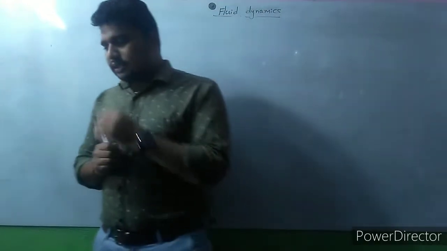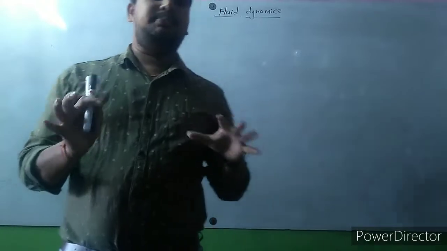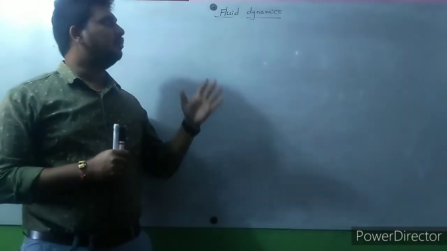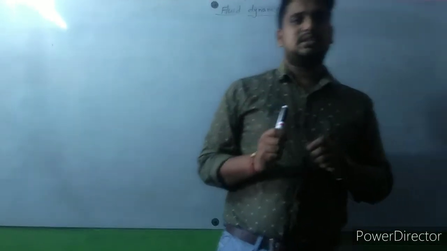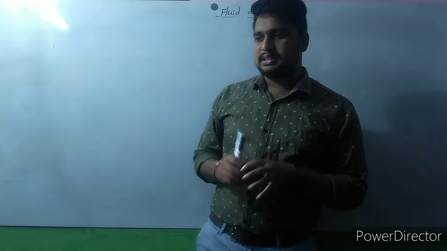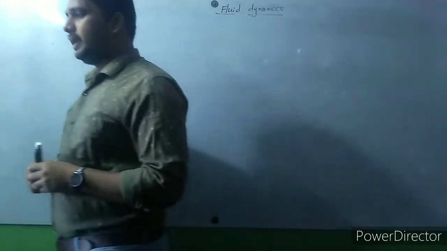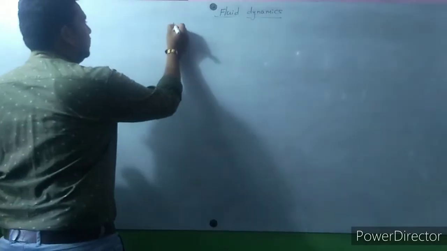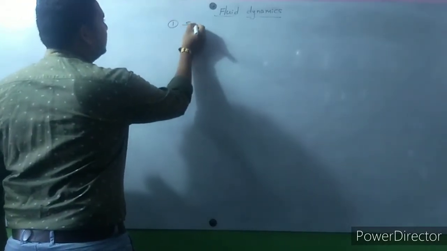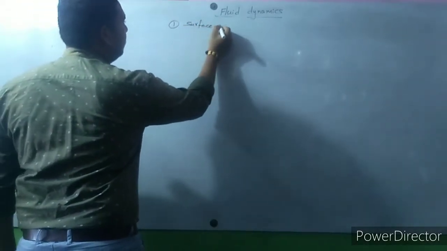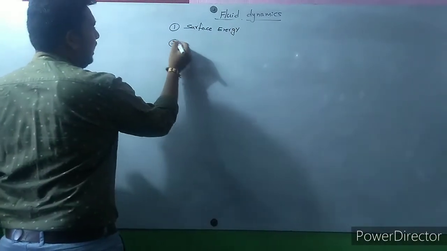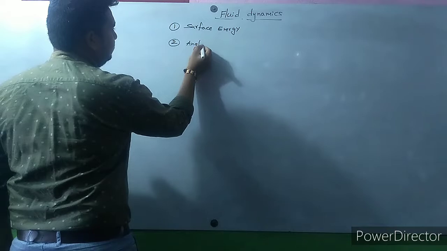Today I complete this chapter, fluid dynamics. This is the last lecture for this fluid dynamics chapter. So in this lecture, I am going to discuss 2 important topics majorly. One is surface energy, and second one is angle of contact.